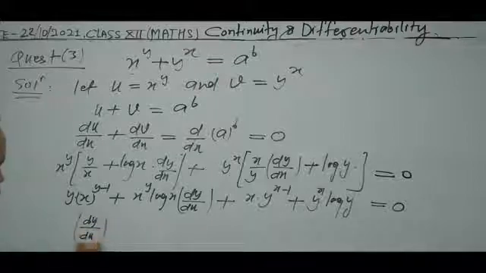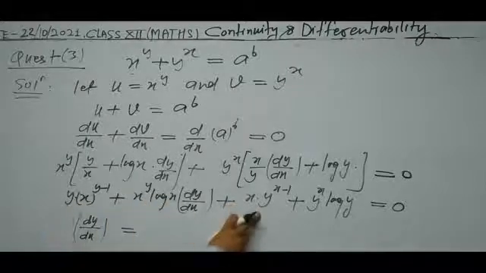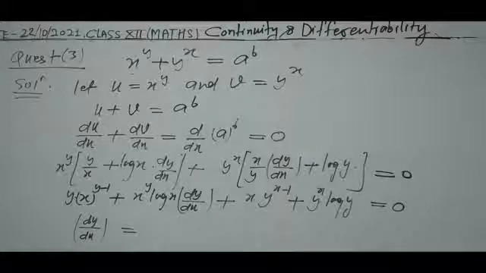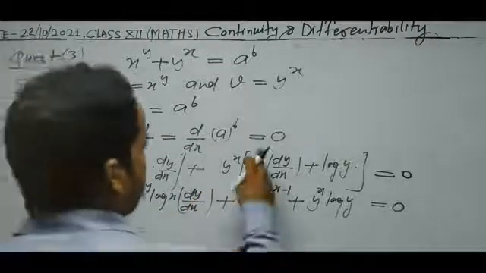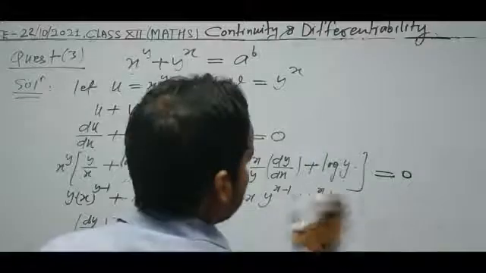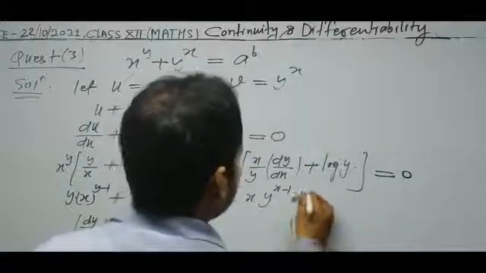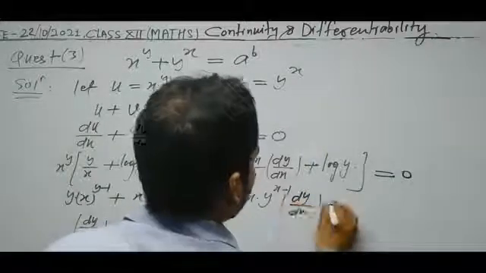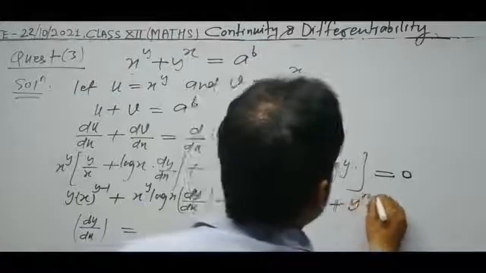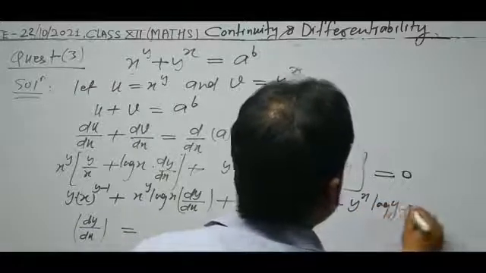Now dy by dx, what can we write? One dy by dx term is here, this result will be dy by dx plus y to the power x log of y is equal to 0.